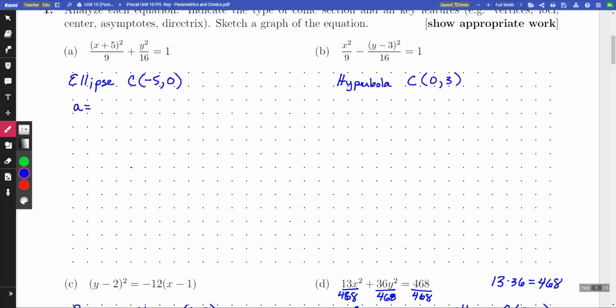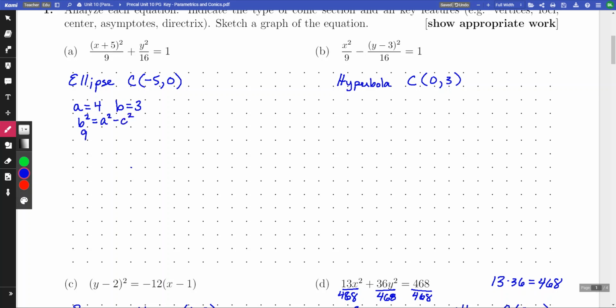We can identify the value for a, and that's going to be 4 because the square root of 16 is the larger number. We can also identify b, and that's going to be 3. So 4 is going to be my semi-major axis, and b is going to be my semi-minor axis. I know the relationship b squared is equal to a squared minus c squared.